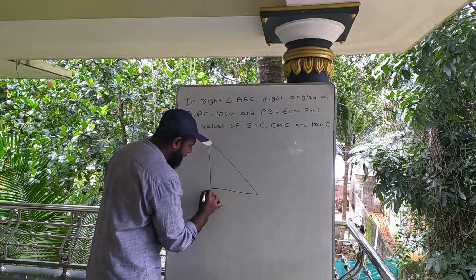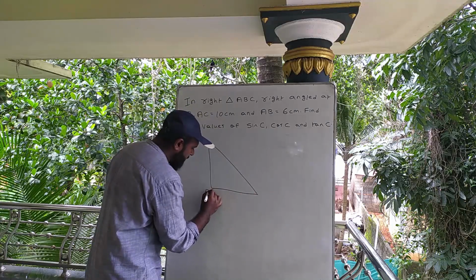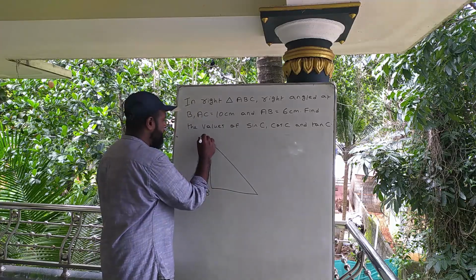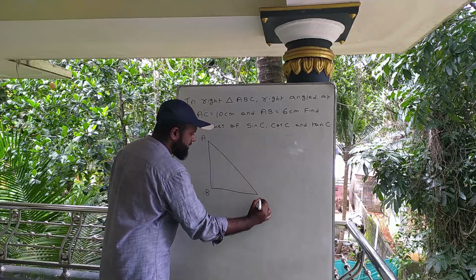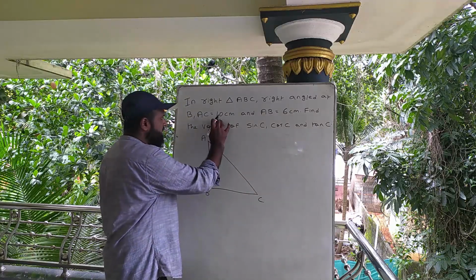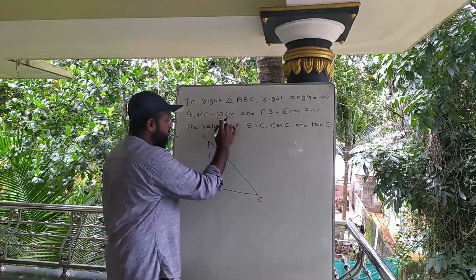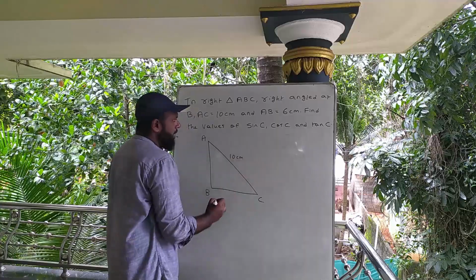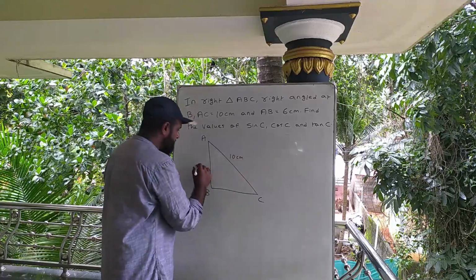It is right angled at B, so I have given the letter B here and A and C here. And in the figure, AC equal to 10 centimeter and AB equal to 6 centimeter.